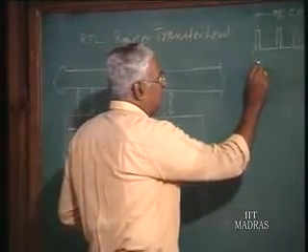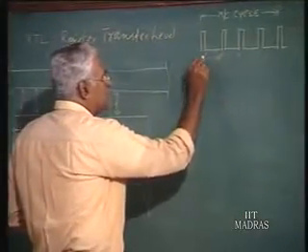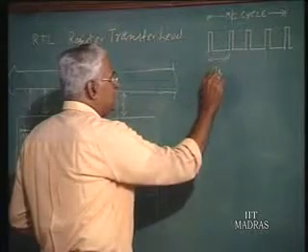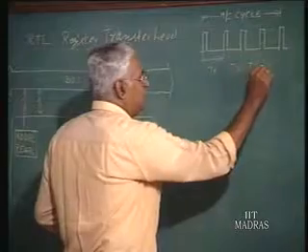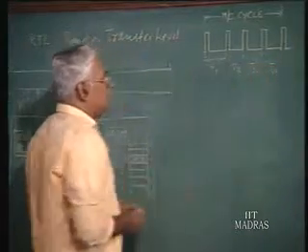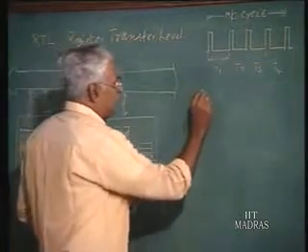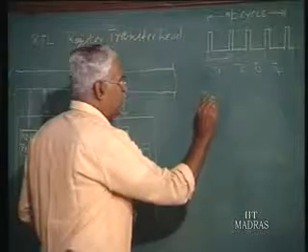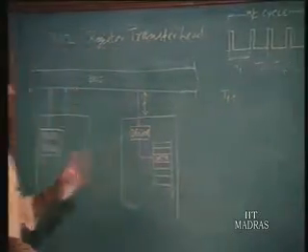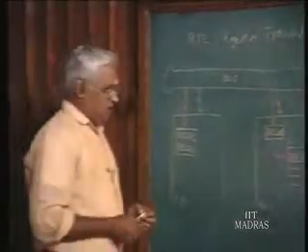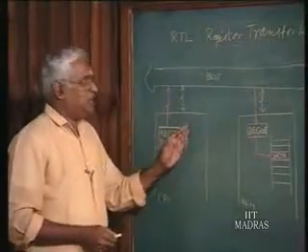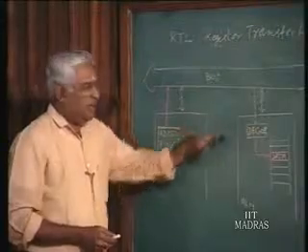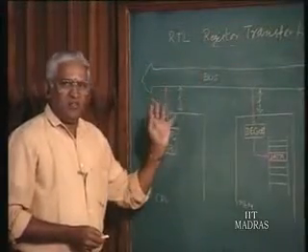We call this particular period T1, the next period T2, then the next T3, and the next T4. Now let us write down. During T1, we said the CPU places the address on the bus. And we also saw subsequently a read control is placed on the bus and memory will place data on the bus.